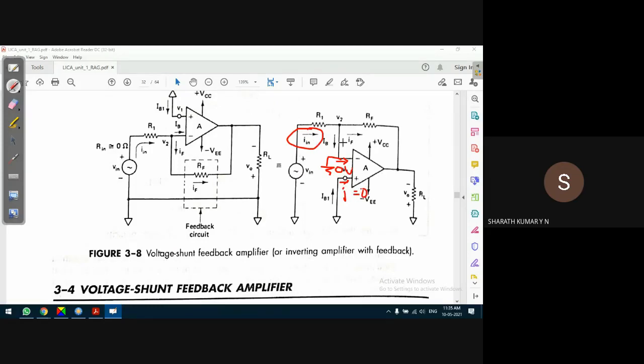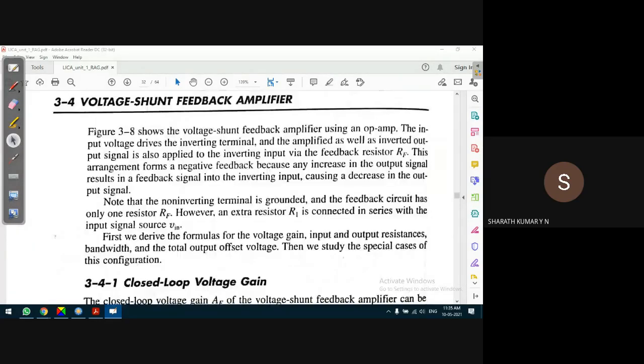Because of that, the input current generated by the input signal generator will be fed to the feedback terminal, because this IB remains zero for a virtual ground condition. That's why the author says I in is approximately equal to IF. So from this condition, we get this relation between the feedback current and the input current.